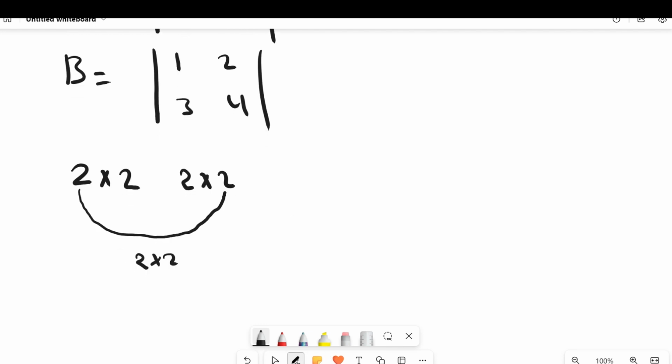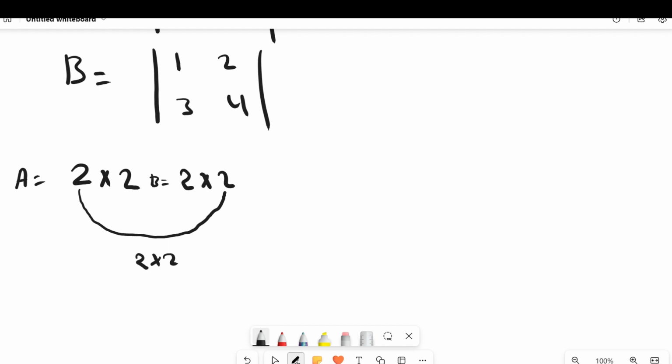And in order to perform matrix multiplication, the columns of the first matrix should be equivalent to the rows of the second matrix. The column of this first matrix is 2, and this here is also 2. So this can be multiplied. Let's say matrix A is equal to this, and B is equal to this one, right?